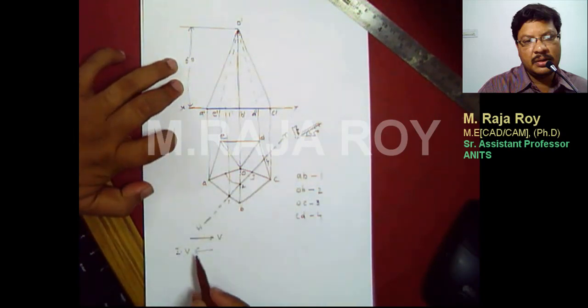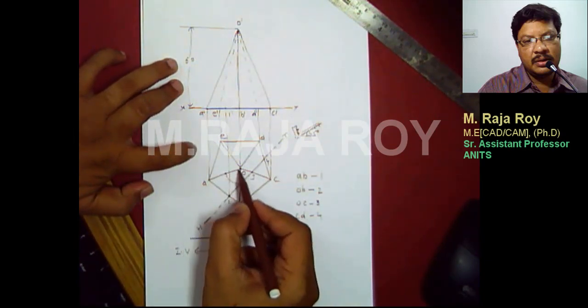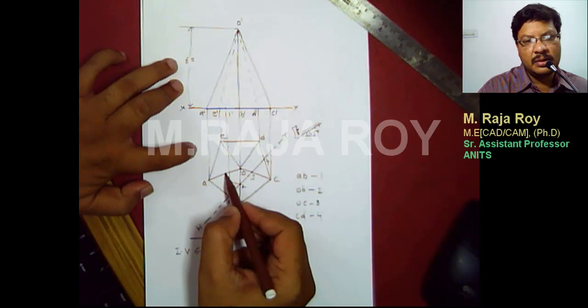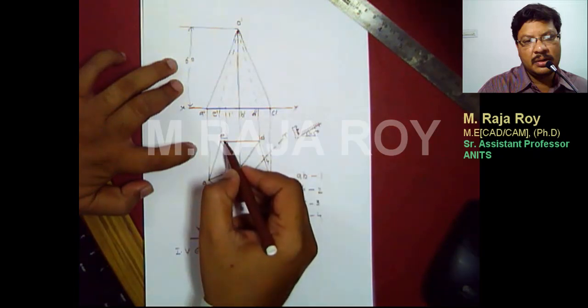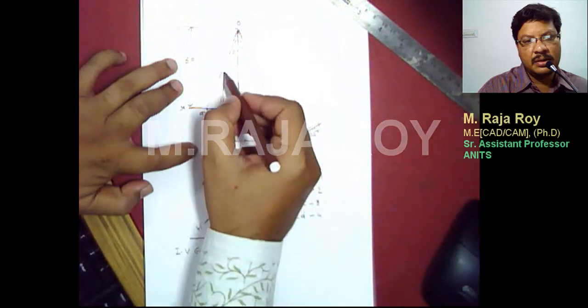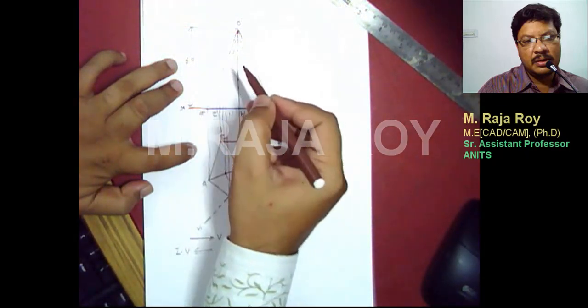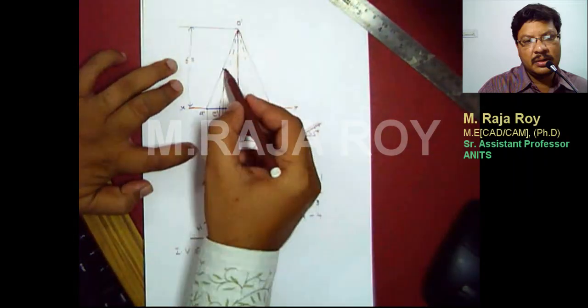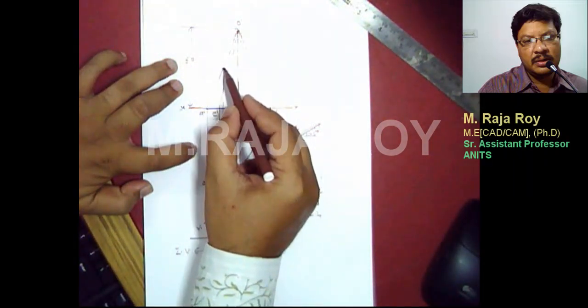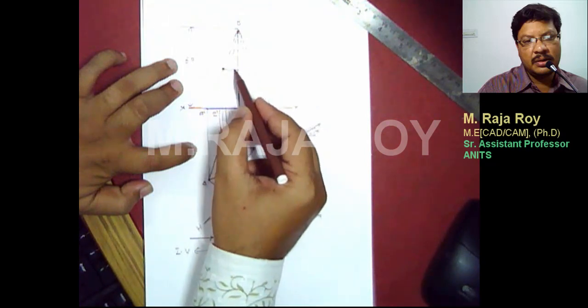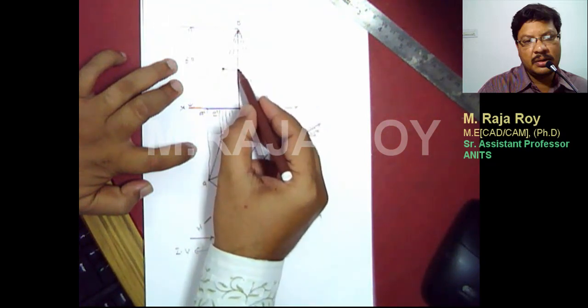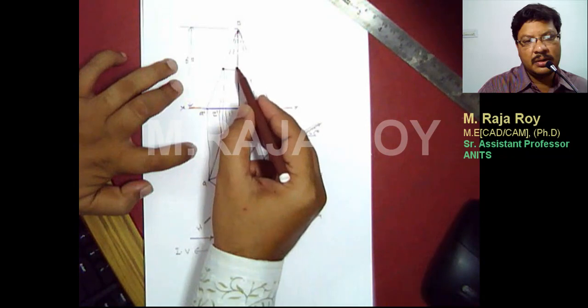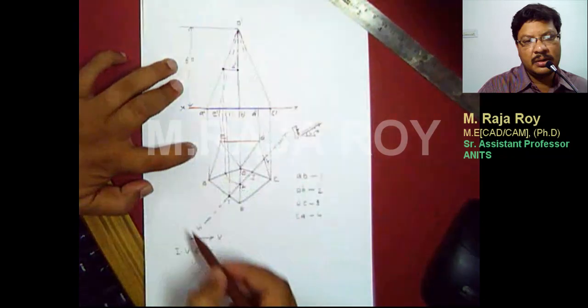Somewhere here I will get that point. This point is on OA, so you draw a projector onto O dash A dash, something like this. Here you will get the point which is on OA. Now you have to shift this point onto the correct generator, the required slant edge, that is O dash B dash. Now you got 2 dash.